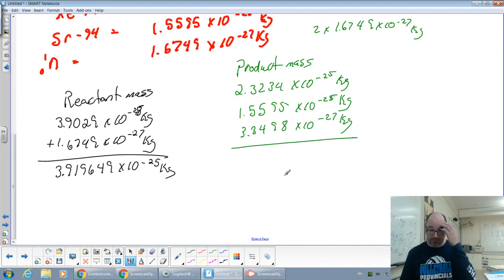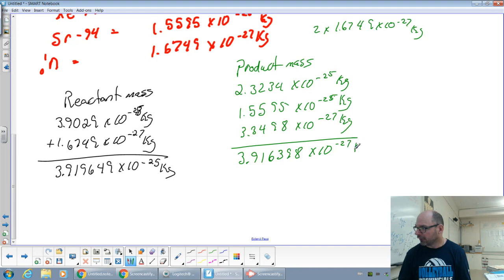Okay, so then if we combine these together, we get 3.916398 times 10 to the negative 25 kilograms. So you can see the products have slightly less mass, which means energy has taken its place.